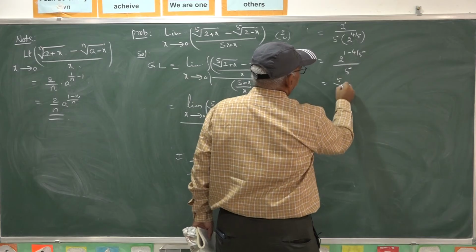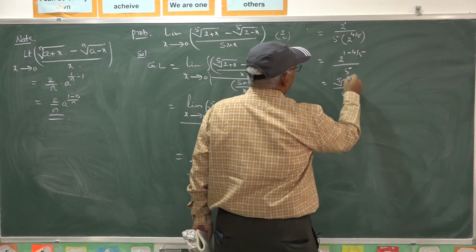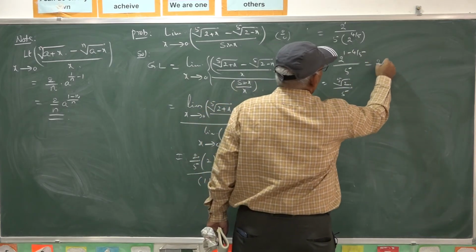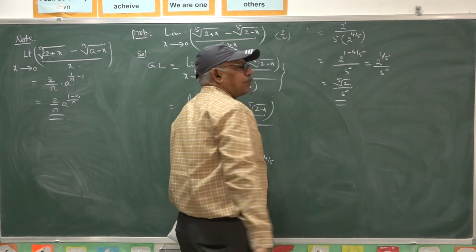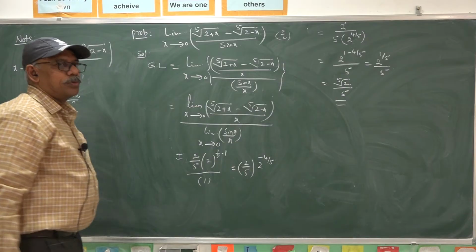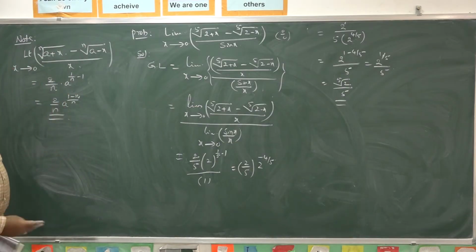That gives us 2 power 1 by 5 by 5, which is nothing but fifth root of 2 by 5. Fifth root of 2 by 5 is the required limit.